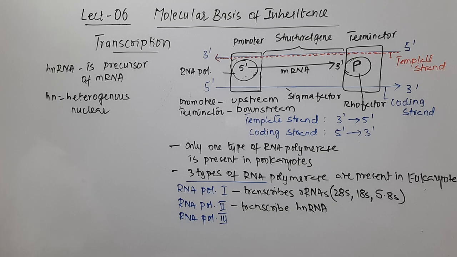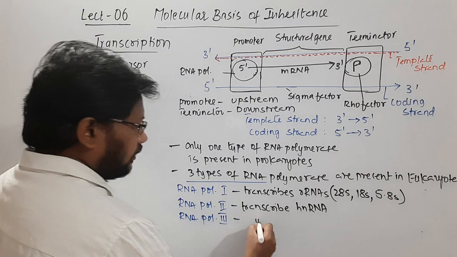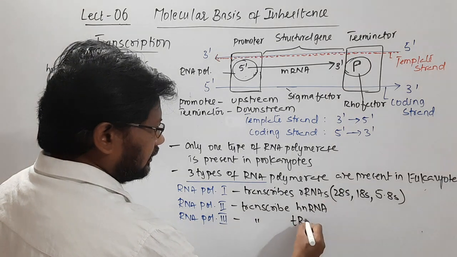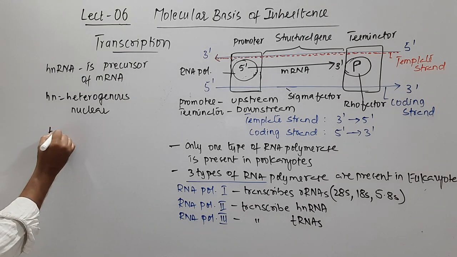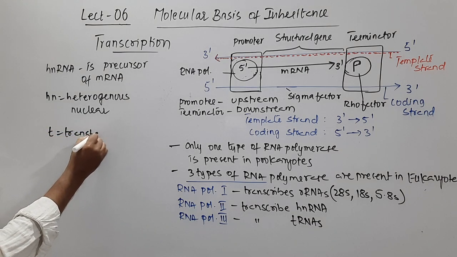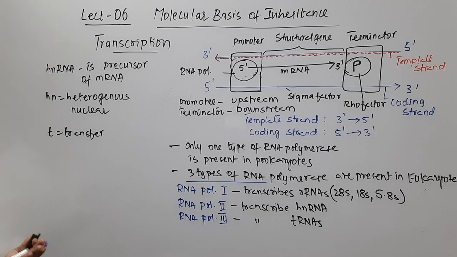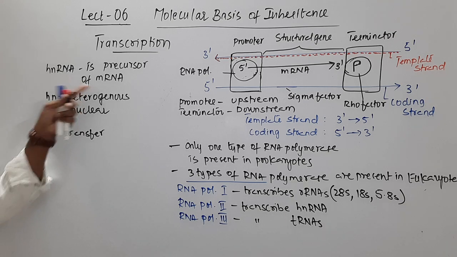And coming to RNA polymerase 3, it will be transcribing tRNAs. Here the t stands for transfer. Later I'm going to discuss rRNAs and also tRNAs, and we will see in detail about these mRNA molecules.